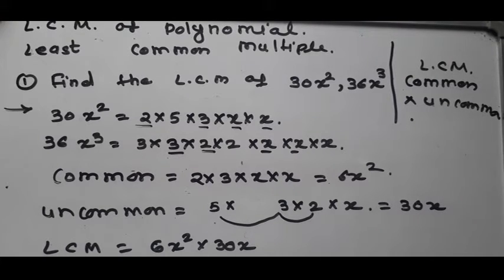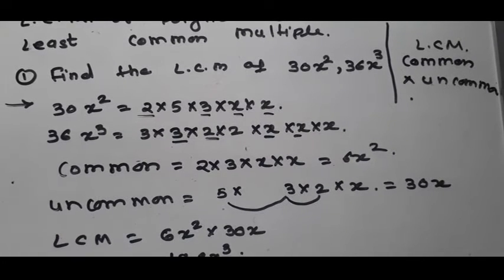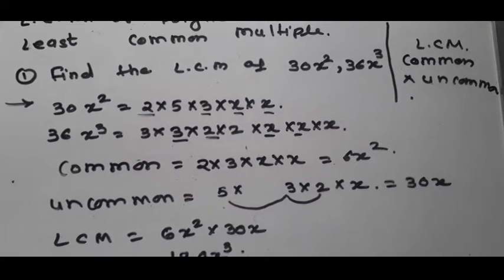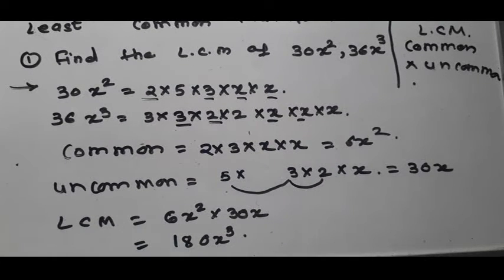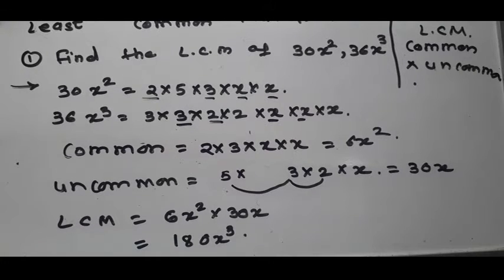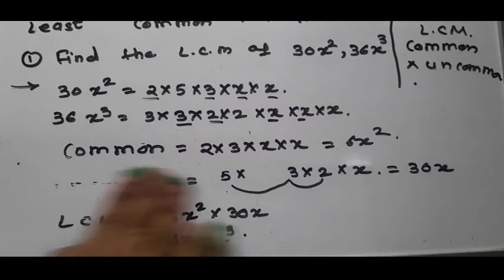So that will become 180 x cube. So this is LCM of 30x square and 36x cube. Now we will see some simple examples of the type. One more example of LCM and you will get the concept clearly.